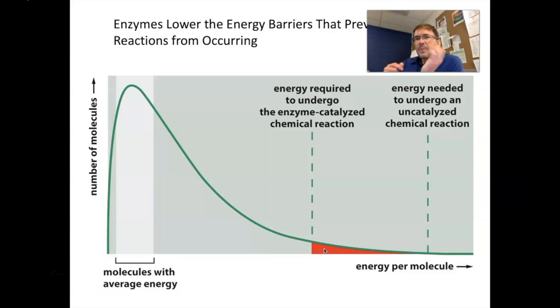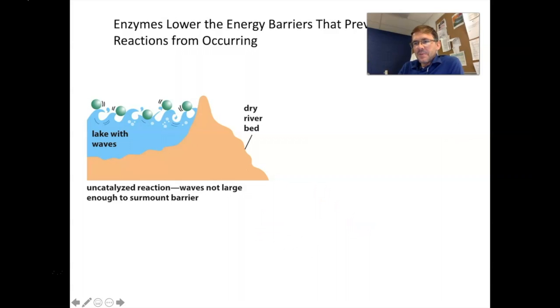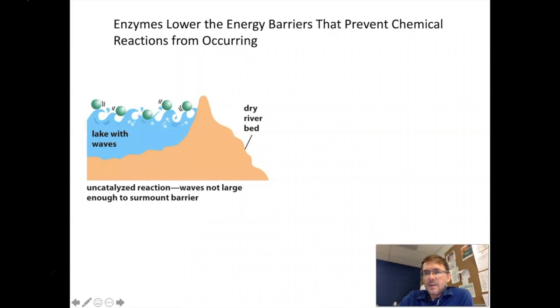Y to X, right? The cell needs X. Even if it's favorable, there's a barrier to that biochemical reaction. You add an enzyme and it lowers that barrier. Okay, here's another illustration the book uses. There's a couple different ways to think about this. They're all kind of saying the same thing.